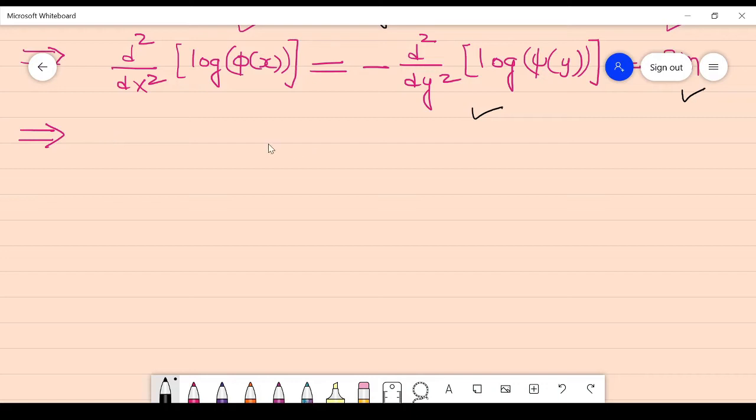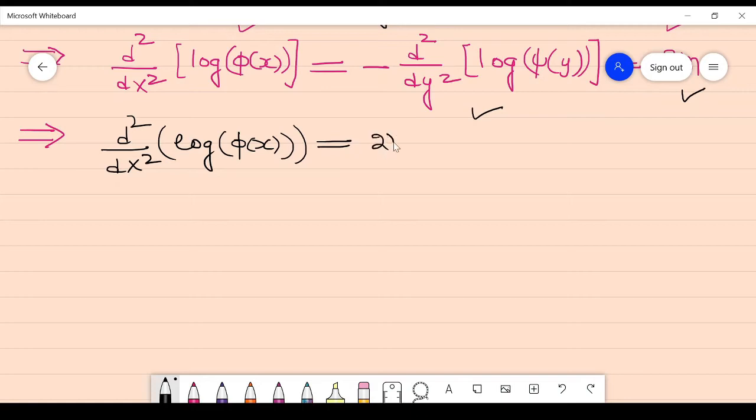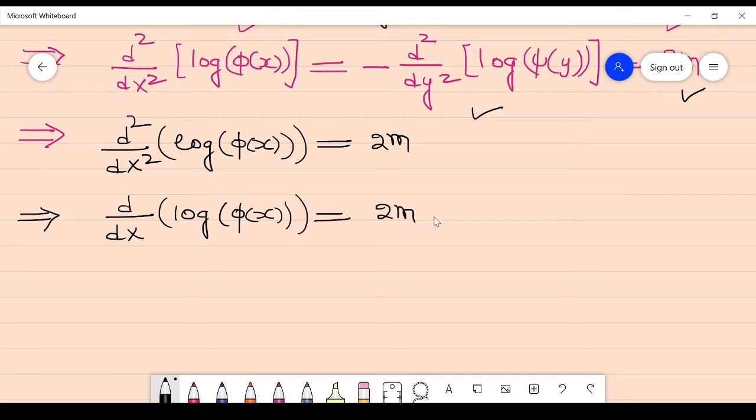So this value is d square over dx square of log of φ(x), which is equal to 2m. First integrating with respect to x, this is d by dx of log of φ(x), which is equal to 2mx plus a constant.